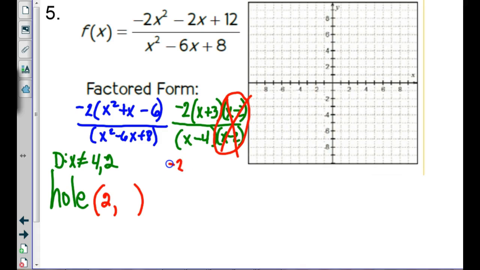So I'd have negative 2 times 2 plus 3 all over 2 minus 4. Okay, the negative 2 is still out there. This would be 5, right? When we add 2 and 3 and multiply that, we'd get negative 10. Did I do that right? The bottom is negative 2, so the hole is at (2, 5).